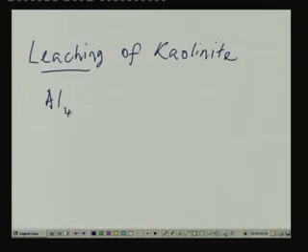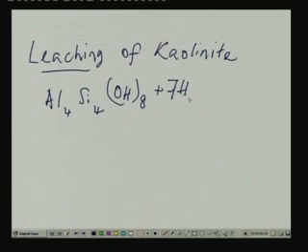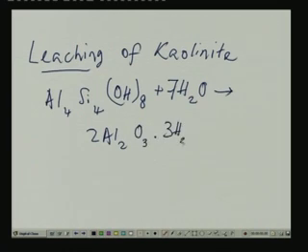So here, as I indicated, kaolinite soil has this kind of chemical composition, and leaching takes place mainly in the presence of water, and what you will end up with is hydrated alumina or gibbsite and silicic acid in solution.